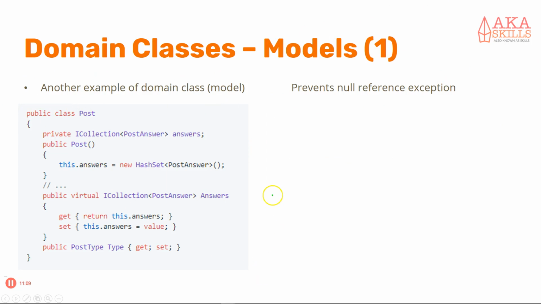So when we saw our class previously, post answer, now we actually get an idea of how to make a one-to-many relation. And of course we got a navigation property. That navigation property is post answers. What I mean is, I can say var post equals dbcontext dot posts dot first or default. I just want to get the first post, doesn't matter.